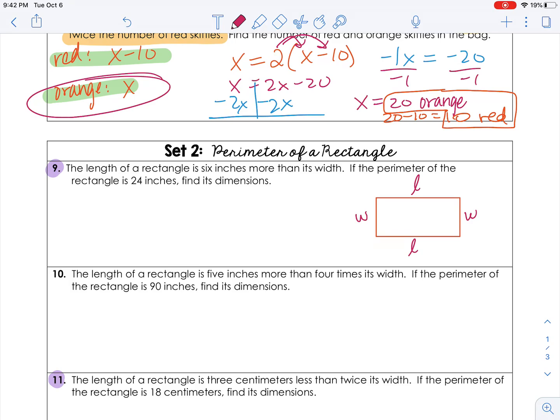So what we're going to need for each one of these problems in set 2 is the formula for perimeter. P equals 2W, because I have 2 W's to add together, plus 2L, because I have 2 L's.